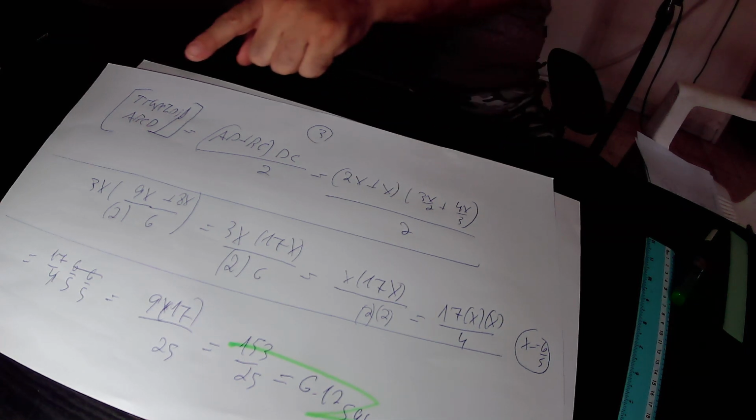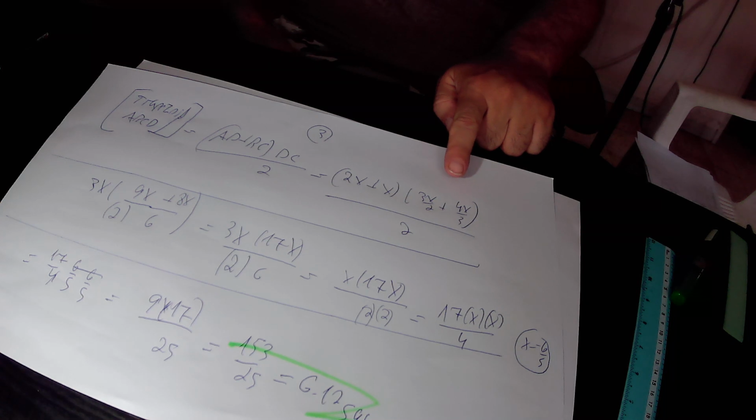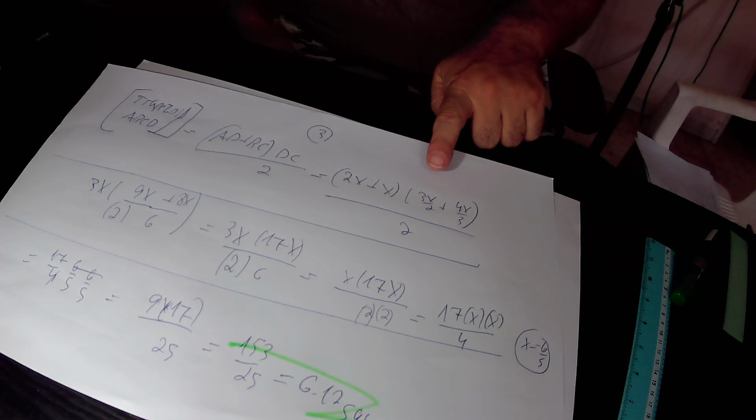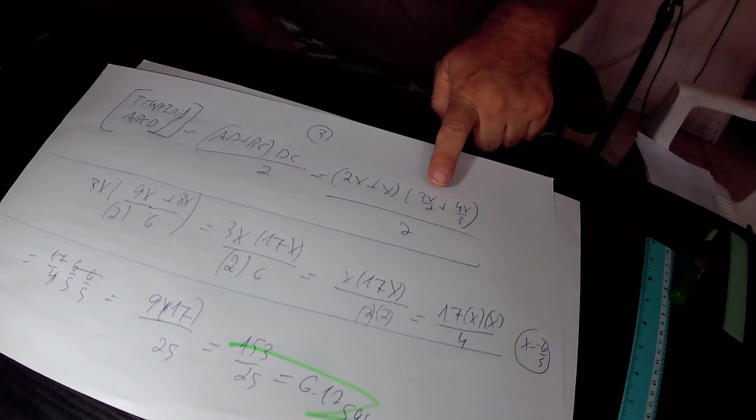2x plus x is 3x. Here we take 6 as a common factor of these two expressions. In order to get a common factor of 6, we multiply the first expression by 3 and then divide it by 3, because 2 times 3 is 6.